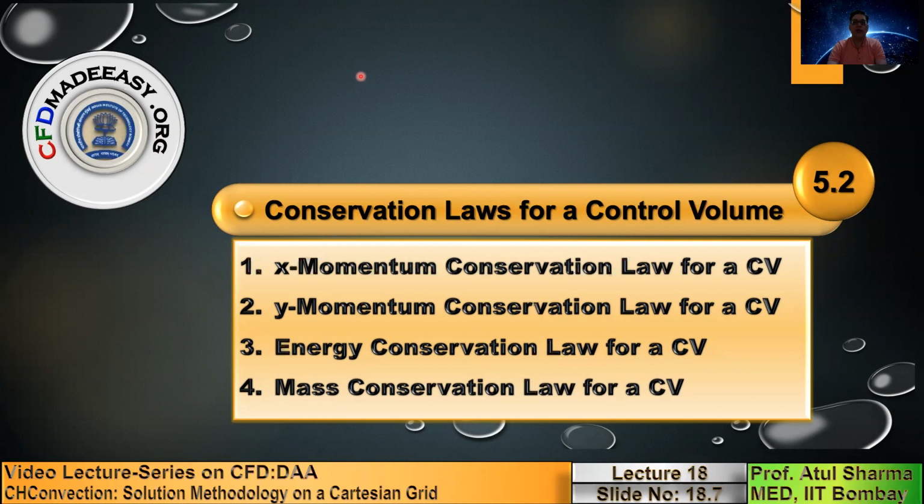For the present topic, we'll be considering the momentum conservation law and the mass conservation law. Momentum conservation law is a vector law, and energy conservation law and mass conservation law are scalar laws. So here the CFD is presented for a 2D Cartesian coordinate system. So the momentum conservation law is presented separately as x momentum conservation law and y momentum conservation law.